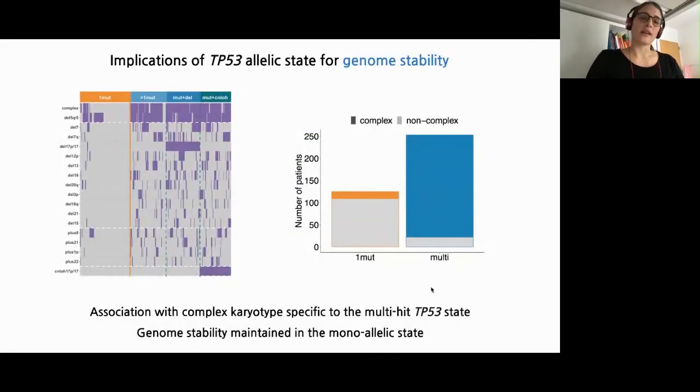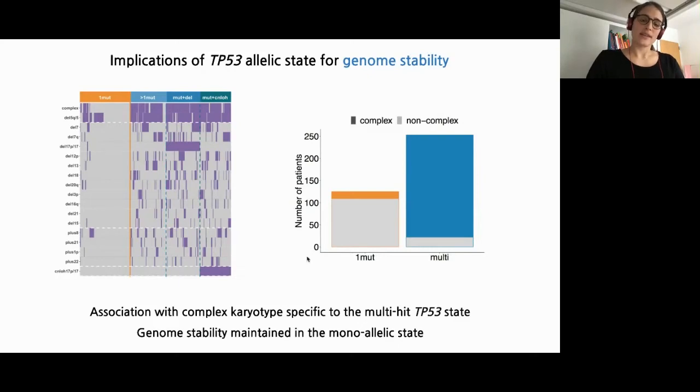The association between TP53 mutations and complex karyotype and genome instability is very well known. But when we look further at this association across the allelic state, we see a very different pattern. We can appreciate on the heat map on the left, which represents the main aneuploidies and MDAs together with a few trisomies, that the patients with monoallelic mutations have a more silent genome karyotype, while the biallelic patients have a very unstable genome.